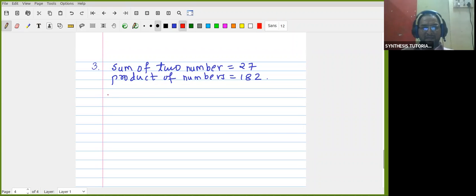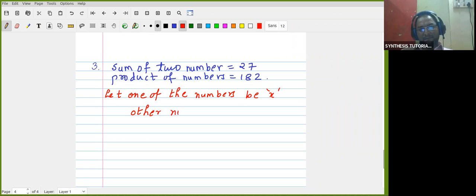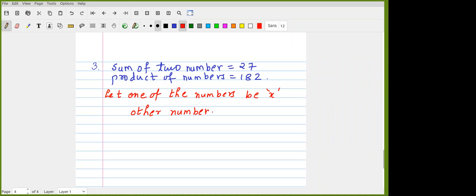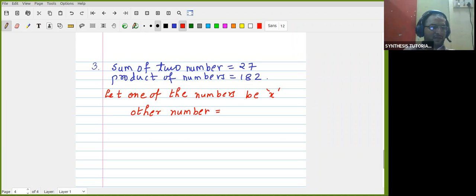Now, if I say that let one of the numbers be x, what will be the other number? Which question are we doing? Third question, 4.2, third question.